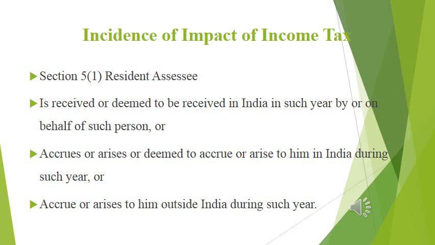And the third one is accrues or arises. Here also no need of receiving, only accrue or arise to him outside India during such year. So these three categories of income are taxable when the residential status of an individual is resident.